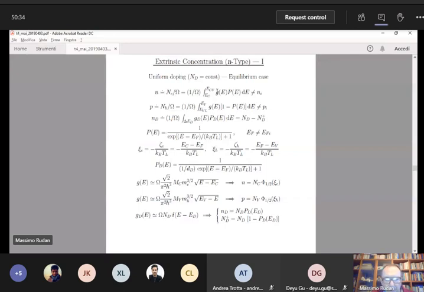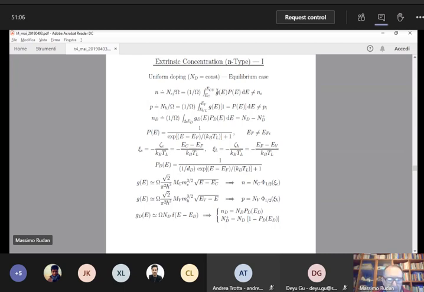So we replace the stick with the Dirac delta, and you can see this in the last line. So we approximate GD as delta centered on ED, delta of E minus ED, times a coefficient, okay?